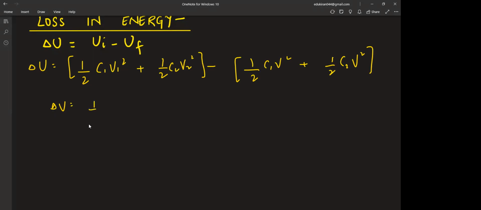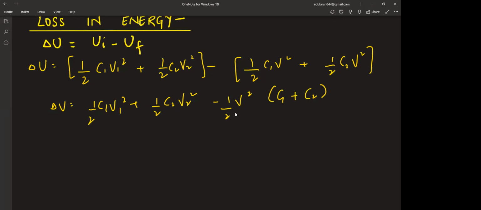Delta U will become half C1 V1 square plus half C2 V2 square, minus half V square times C1 plus C2. Fine. Value of common potential we have calculated: C1 V1 plus C2 V2 divided by C1 plus C2. Put in the value over here, and square it.